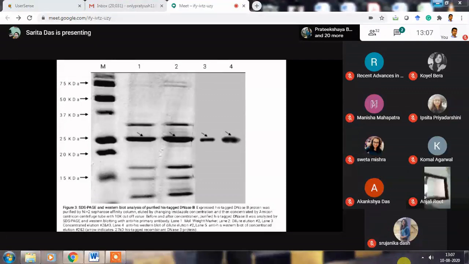Detection is also easy. We don't have to go for a specific antibody against that particular protein. If it is DNase B, then it could be detected only with a DNase B antibody. But here, since the His-tag is there, we can use the anti-His antibody. No need to go for the DNase B antibody.